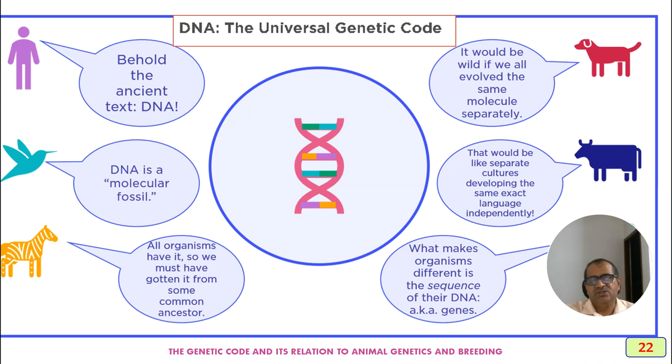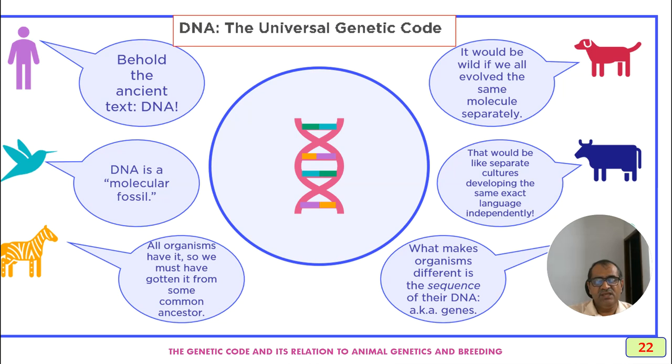If all had evolved the same molecule separately, then there would be no difference between any of the animals. All would have been similar, but it is not like that. That would be like separate cultures developing the exact same language independently.